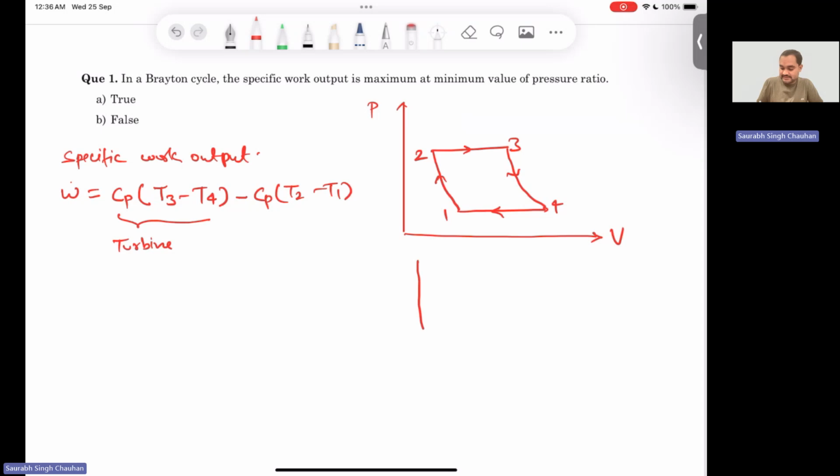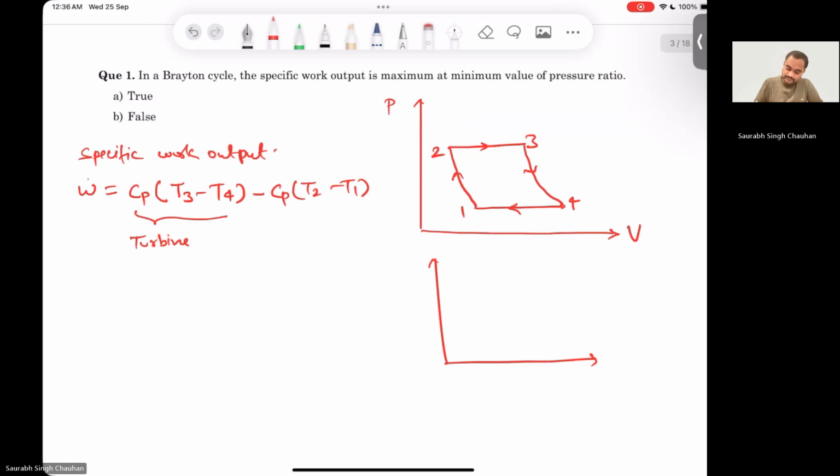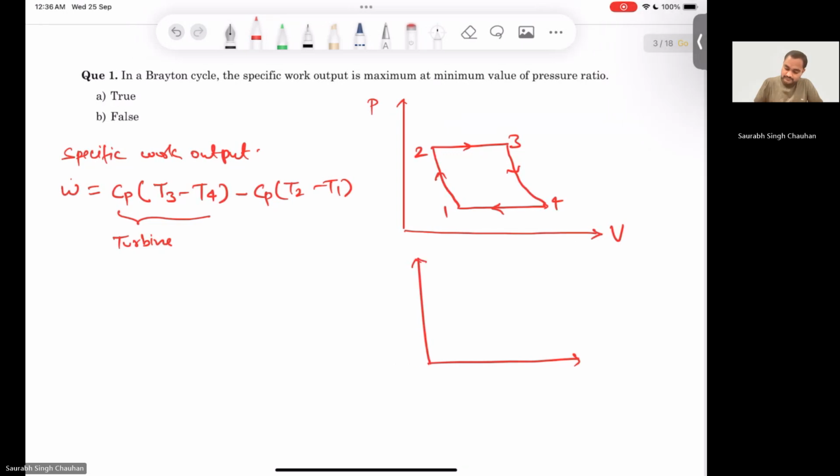We can also make the TS diagram. So 1 to 2, there is isentropic compression. This is the TS diagram. Then 2 to 3 is isobaric heat addition.